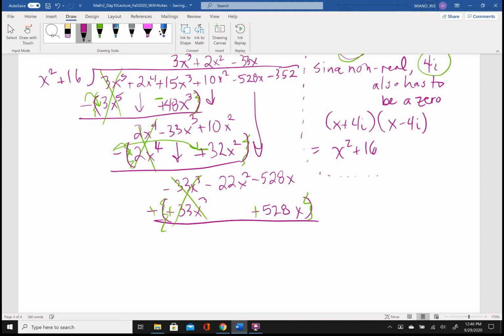Elimination there is achieved. Drop this down, negative 22x squared. And then this will also eliminate by coincidence. And then we still need to drop down this guy right here, minus 352. Almost done.